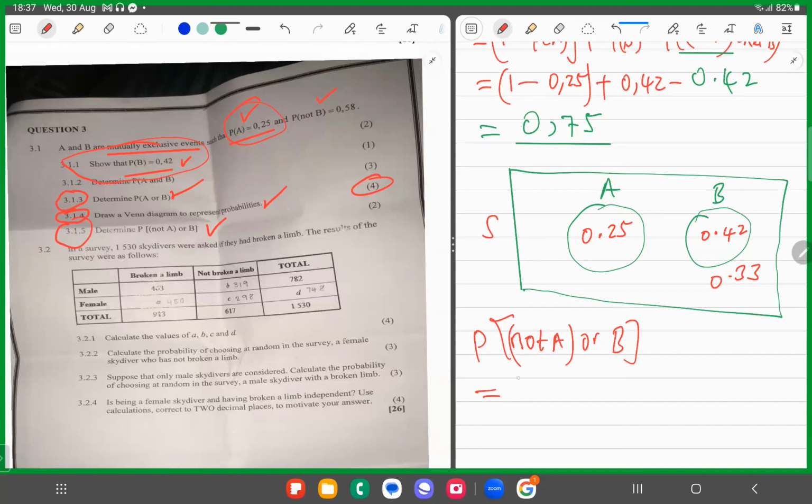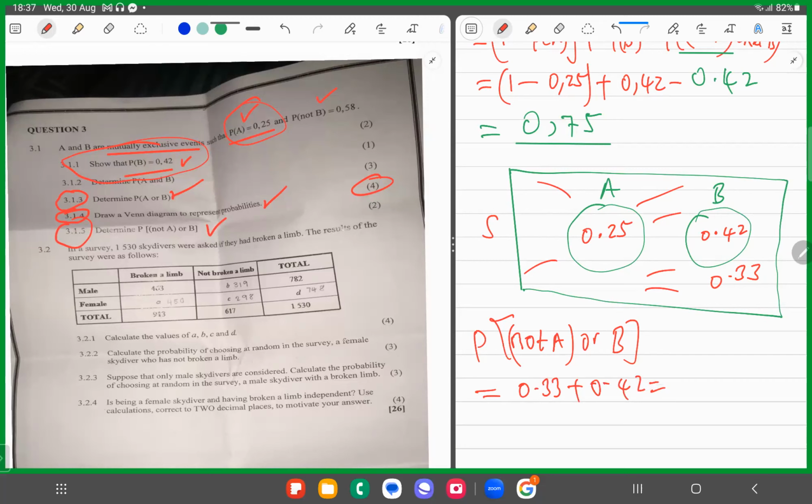Right, so which means the probability of not A or B. So what is the probability of not A? So not A, you are going outside A or B. So in other words, you are taking the probability of 0.33 plus 0.42 and you're adding them up.